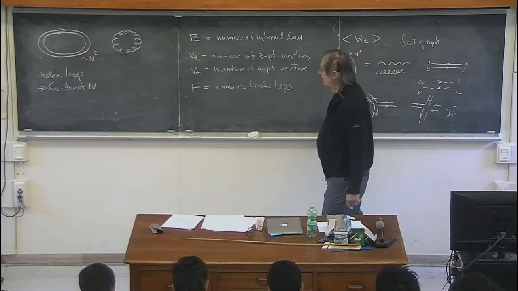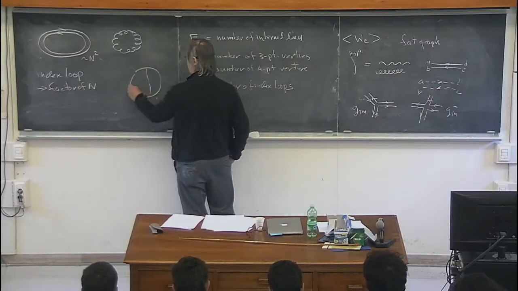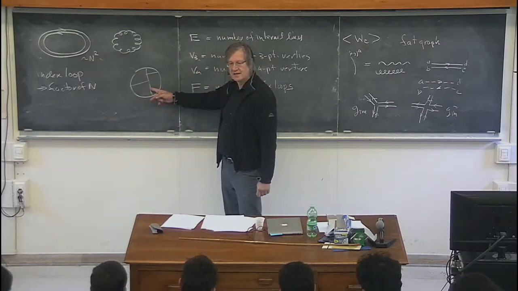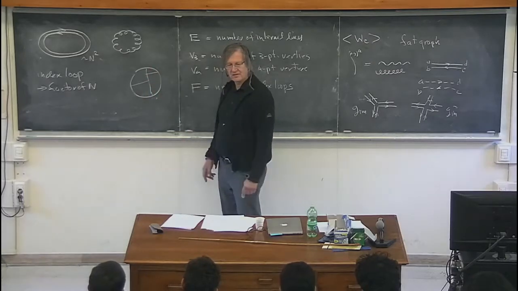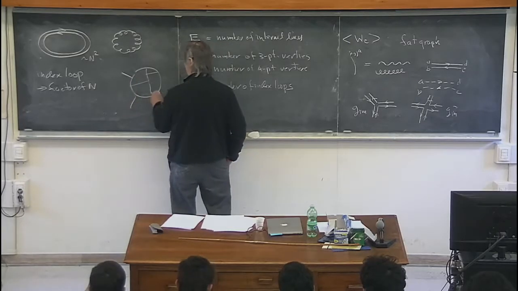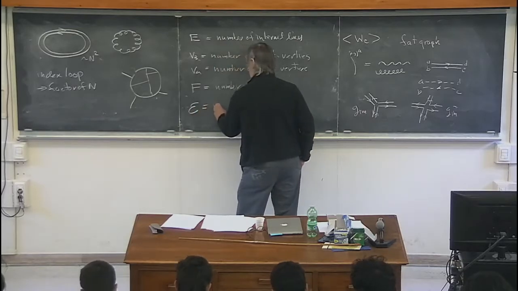Why the notation? Well, a given Feynman diagram might look something like this in, say, non-fat graph notation. The internal lines are these things. Every line that connects two vertices is one of those. There might be external lines. I guess I better define them. So let me call epsilon the number of external lines.